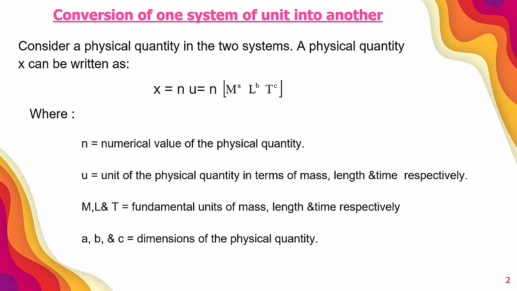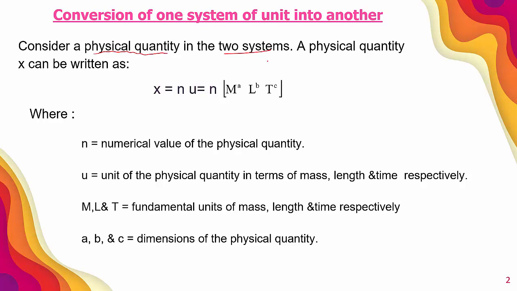Before going to solve examples on the third application, first I will explain the procedure of conversion from one system to another system. You can follow this procedure to solve the remaining examples, right? Now you can observe, we are going to consider a physical quantity in the two systems.